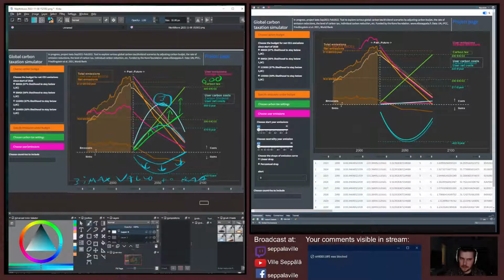Because the more complex stuff you want to do, the more it's clear that this stuff was built on top of JavaScript, or is it JavaScript?